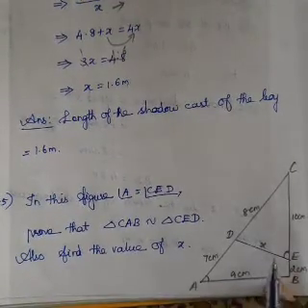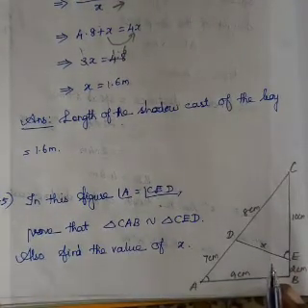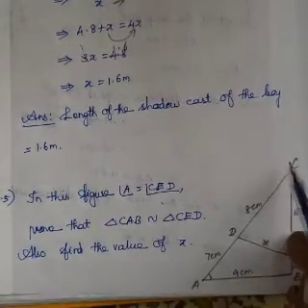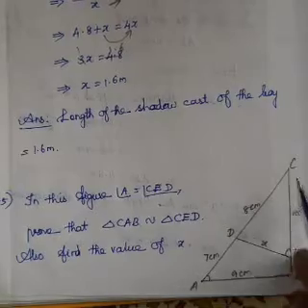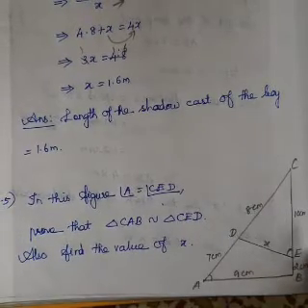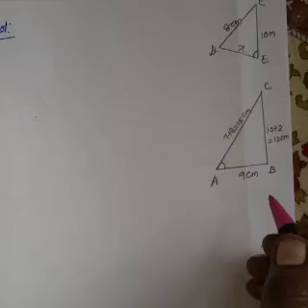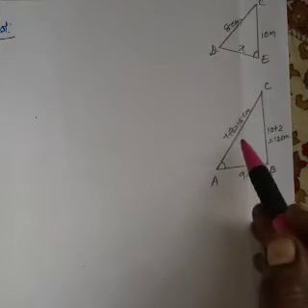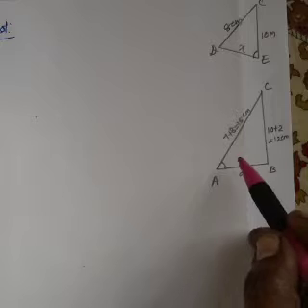For doing this sum, we can separate these two triangles. So we can draw the triangles separately, CDE triangle and ABC triangle, and do this. You can see this is the big triangle ABC. The measures that are given, we can write.